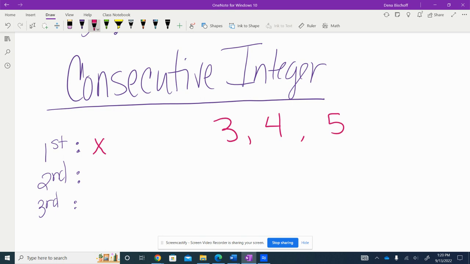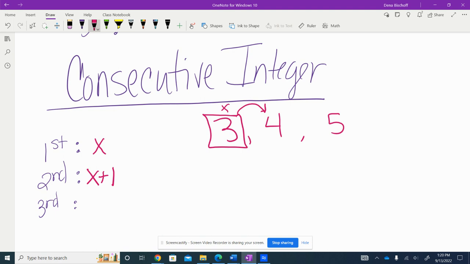So if X represents the number 3, how do I show the next number, the second integer, using the same variable X? What did I do to the number 3 to make it equal 4? I added 1.